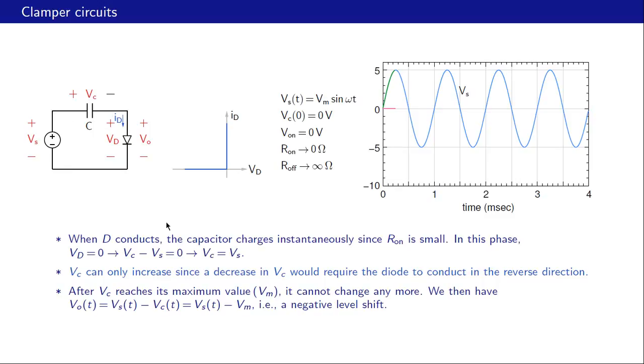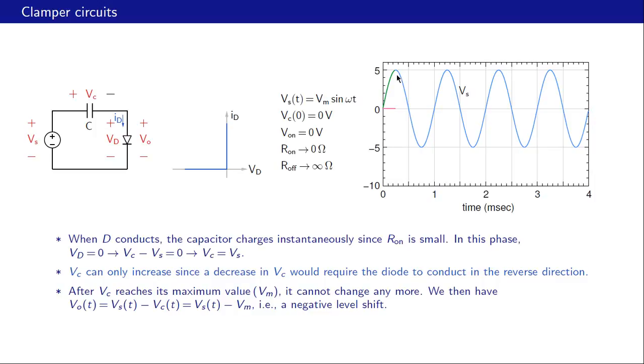As we have seen, the capacitor charges instantaneously, so Vc becomes equal to Vs. So Vc, which is the green line, and Vs, which is the blue line, coincide here, and the red one is the output voltage, and because the diode is conducting in this phase, it has 0 volts across it, and therefore the output voltage is 0.